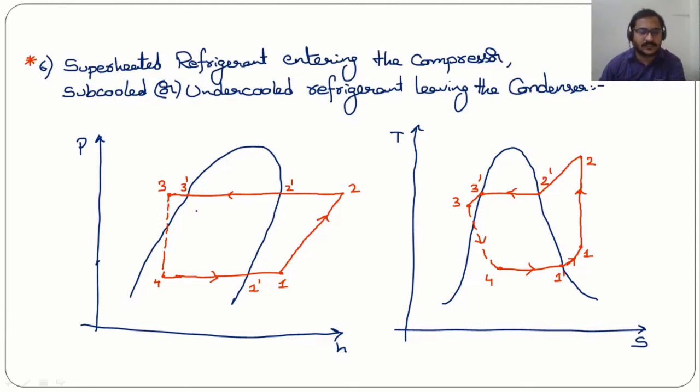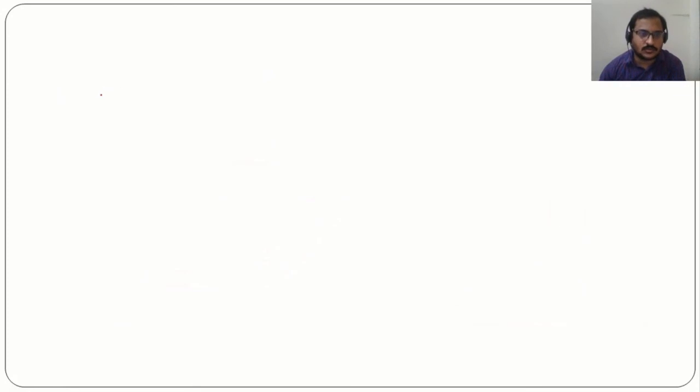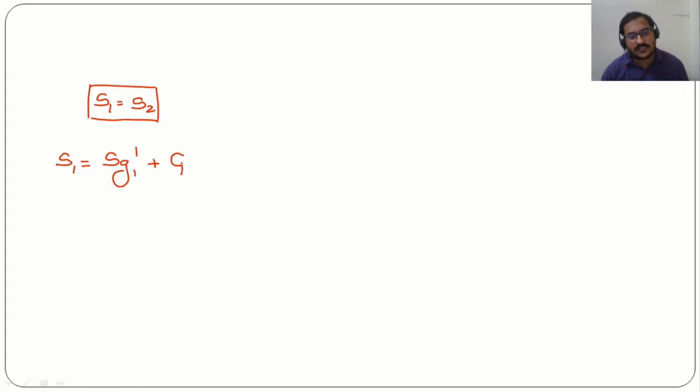Now let us see what happens to these S1, S2 values. S1 is equal to S2. Both are superheated conditions. So S1 is equal to Sg1' plus specific heat CPV ln T1 by T1'.